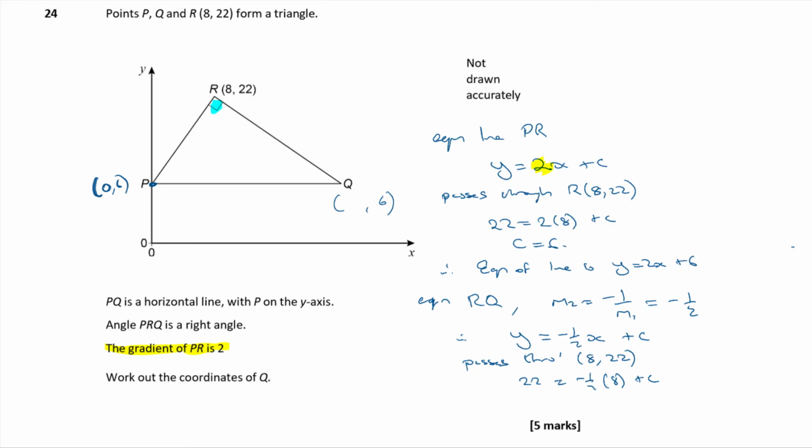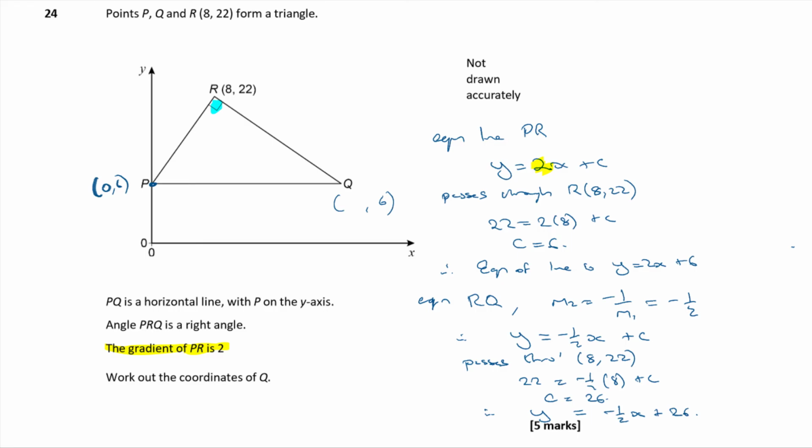A negative half of 8 is negative 4. Adding 4 to both sides, I get c is equal to 26. So the equation of this line is y is equal to minus a half x plus 26.